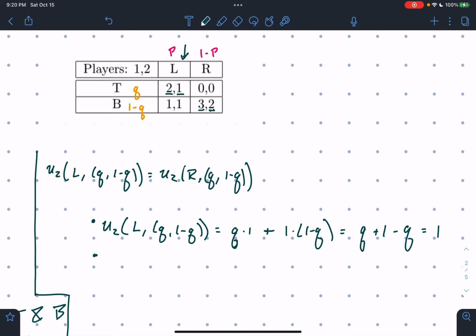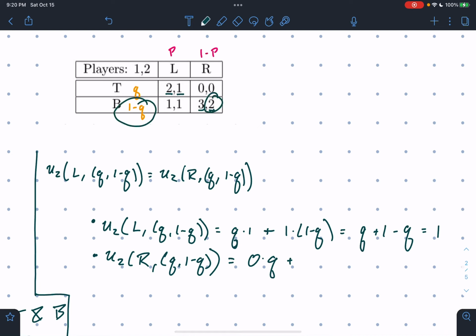Similarly, for the expected utility of player 2 from playing R, given mixed strategy Q, 1 minus Q, this is 0 with probability Q, so 0 times Q plus 2 times 1 minus Q. This is equal to 2 minus 2Q.